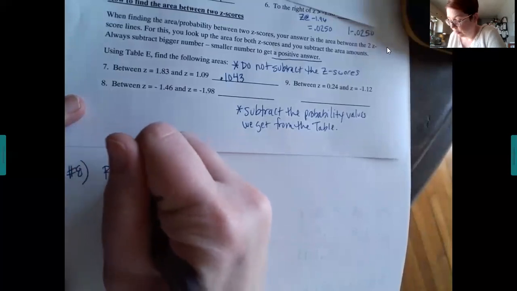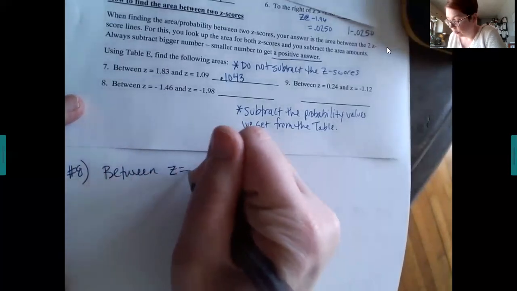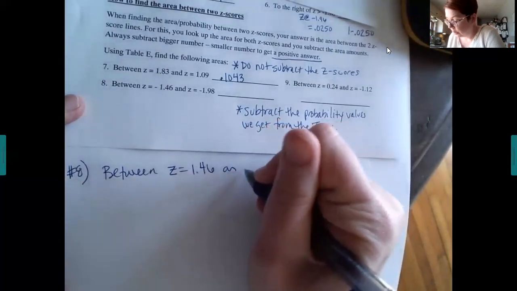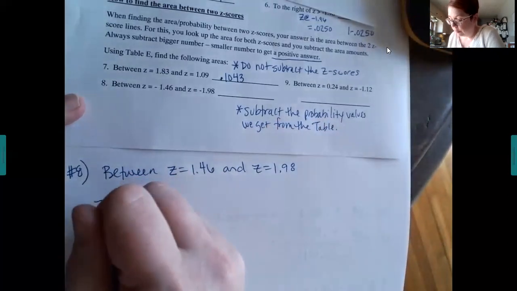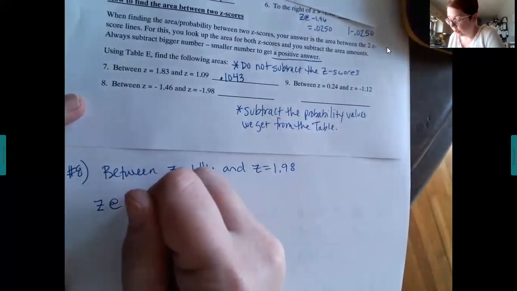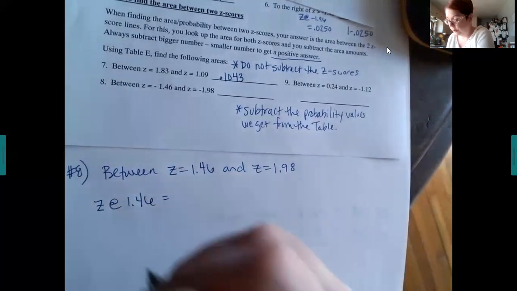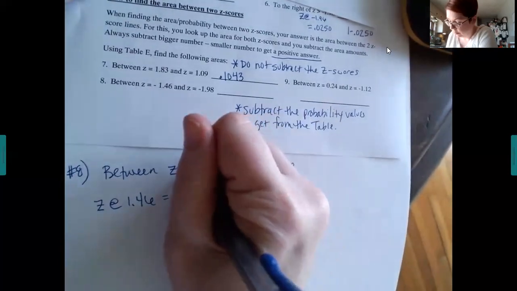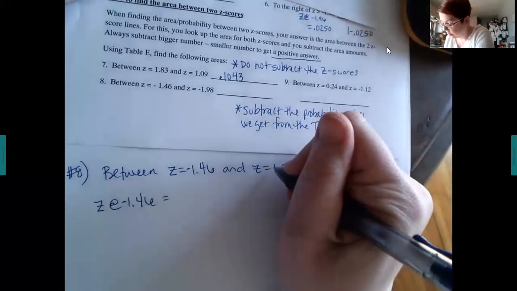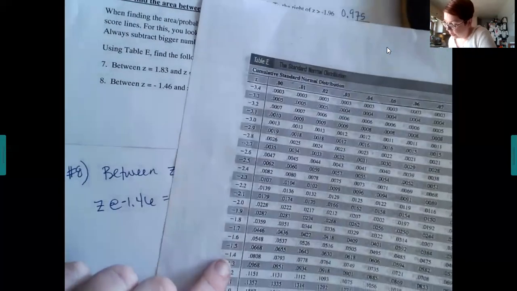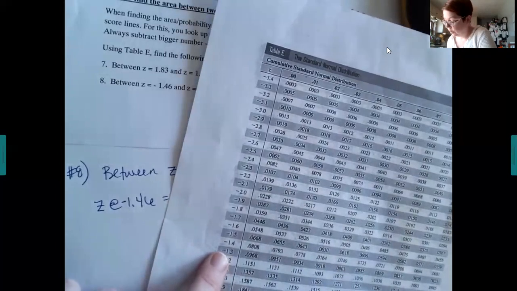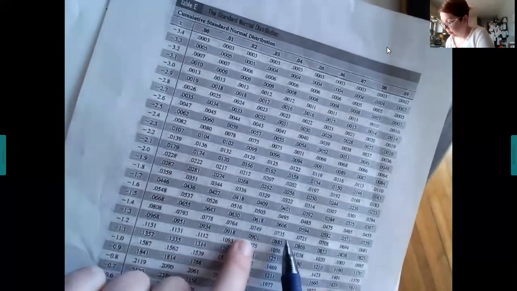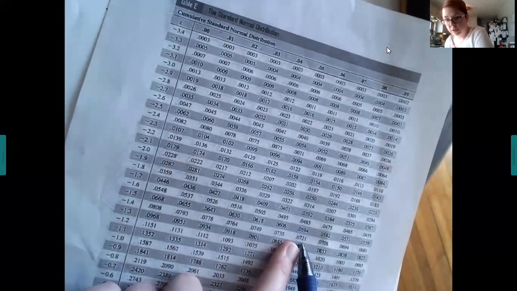So we have between z equals negative 1.46 and z equals negative 1.98. So we're going to look up z at negative 1.46. So the first two numbers are 1.4. We go over to 6. 0.0721.